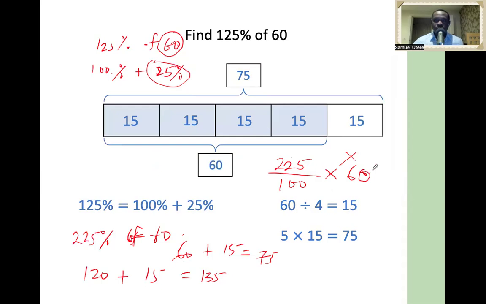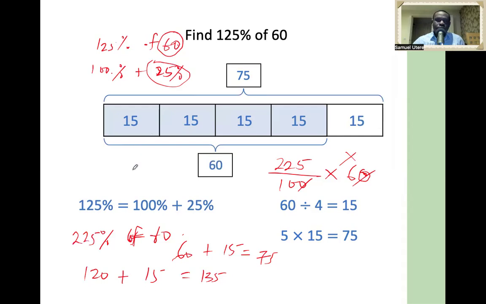So I'm just going to use my calculator to do it real quick. So 225 times 6 and divide by 10. You see that it's 135.